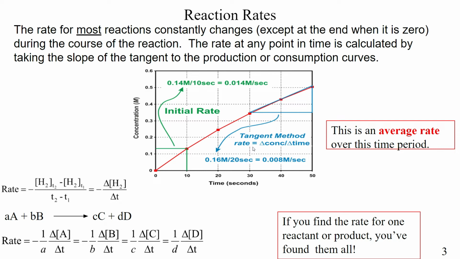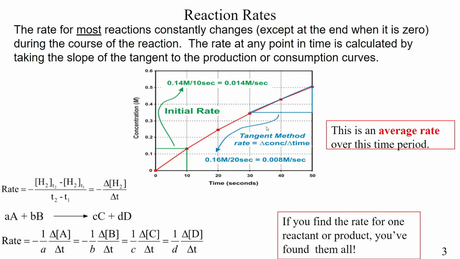But notice, the tangent method, this is the technical term for it, has this delta here. Now, this is key. Delta concentration and delta time is different from just our initial rate. If y'all remember, the delta stands for a change.